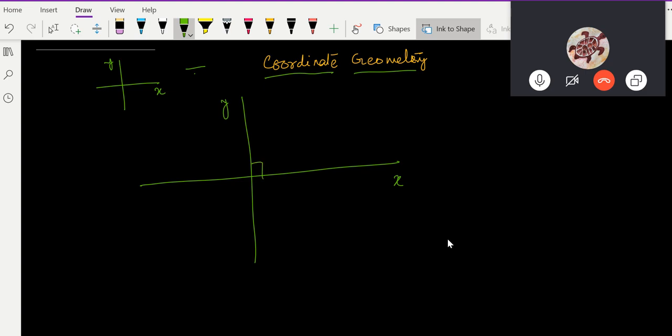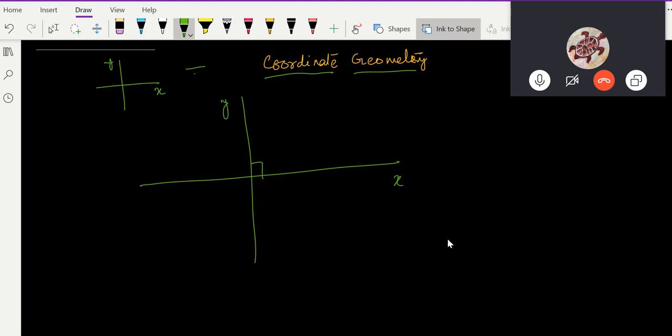Now, why is it 90°? It is for the simple reason that we can actually do coordinate geometry using any angle, right?